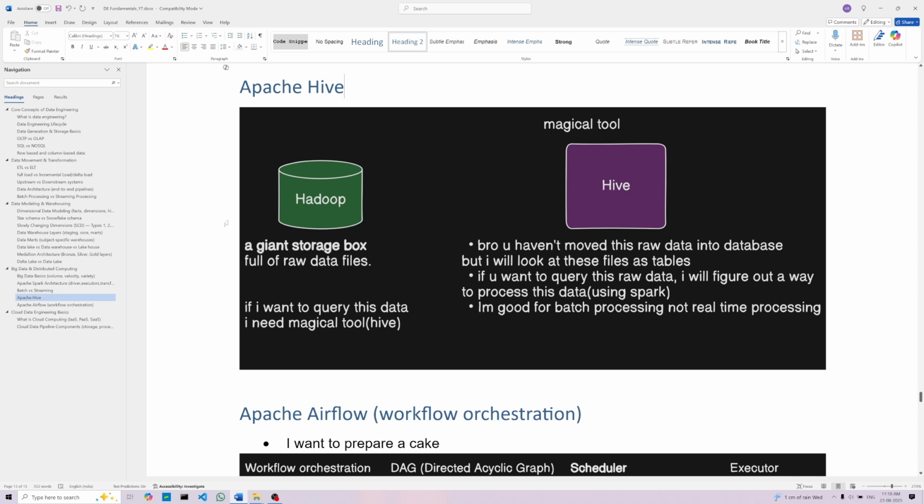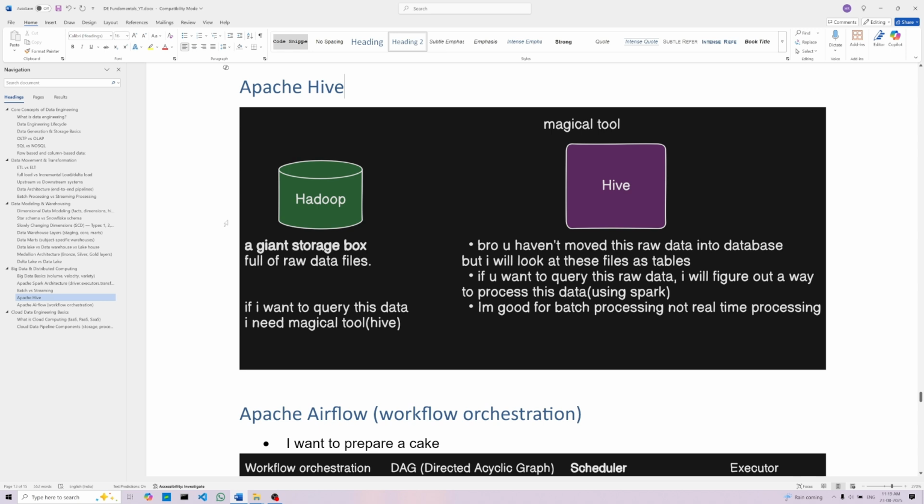And let's say you want to query this raw data, I will figure out a way to process this data. We're just going to use SQL-like language, and Apache Hive will query it for us using its superpowers. In the background it can use anything like Apache Spark or MapReduce. It's not our headache.